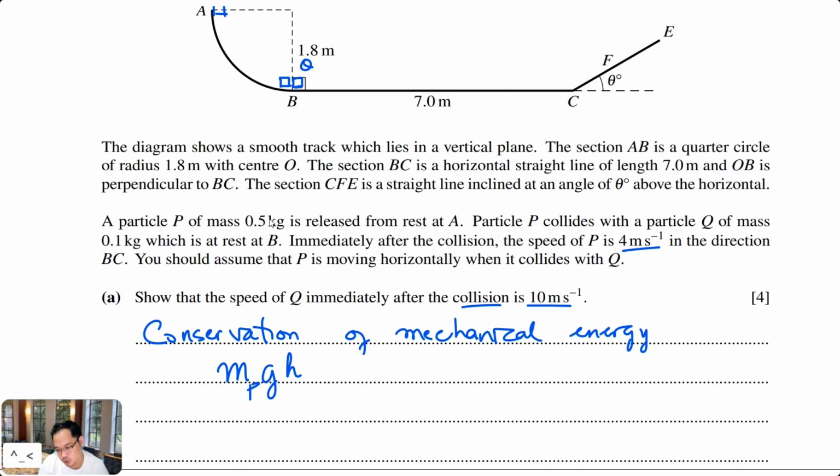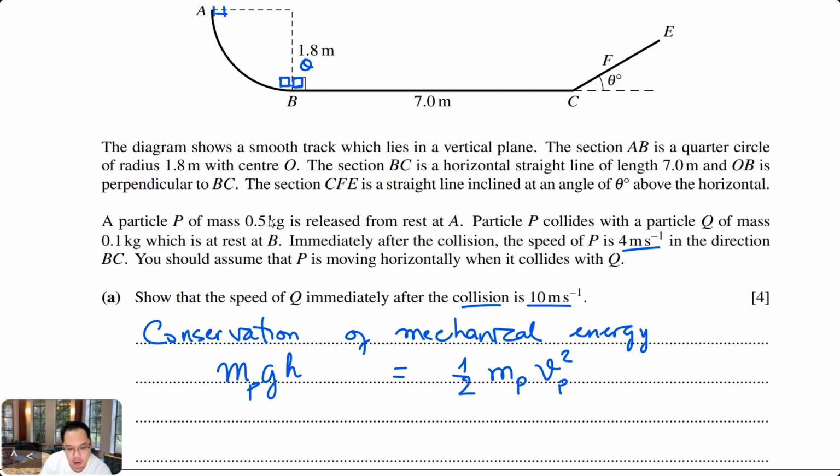After sliding down this curved track and reaching the bottom B, all that potential energy converts 100% into kinetic energy, one half m vP squared, because the friction is negligible.